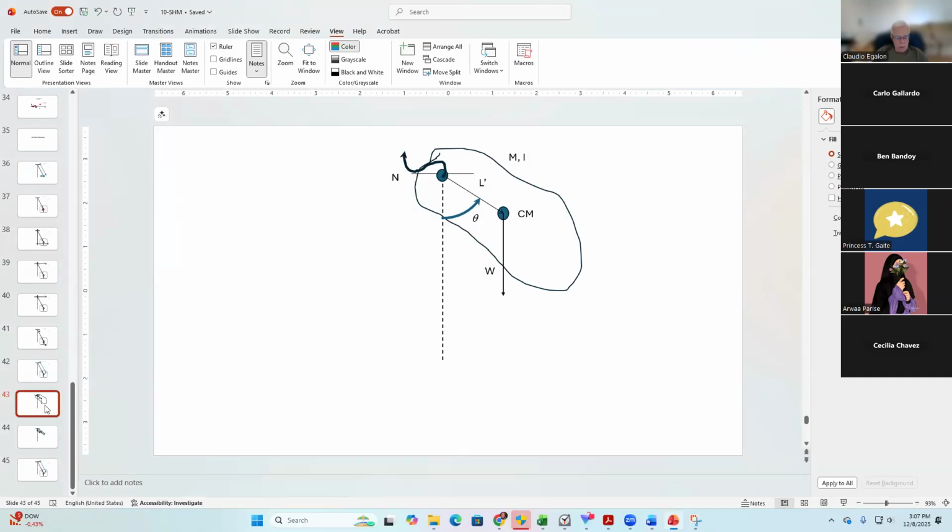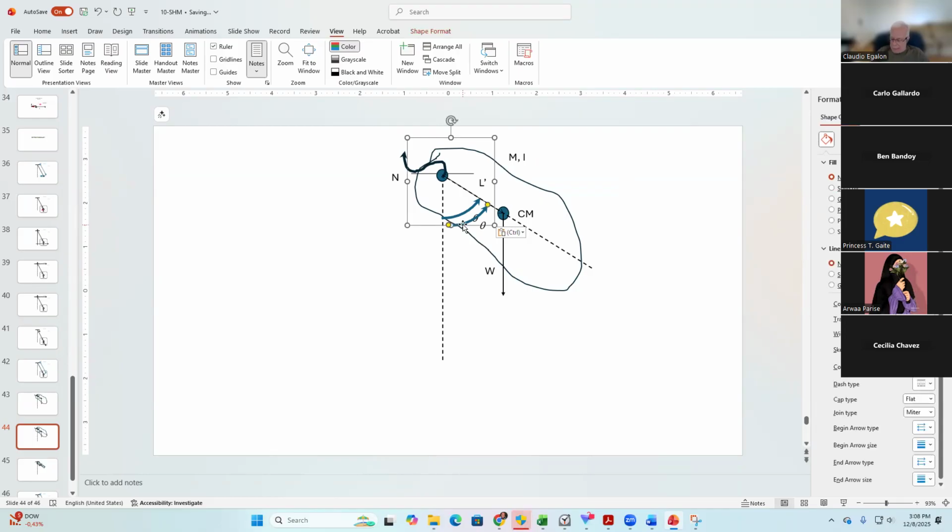Let's go back here. I'm going to extend a line that's going to coincide with that distance L prime. Why am I doing that? I'm doing that just to prove to you that this angle theta is going to be equal to this other angle right in here, the angle that the weight makes with that dashed line.